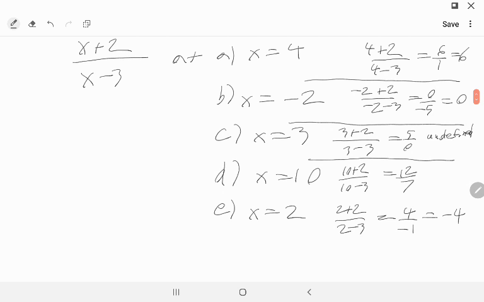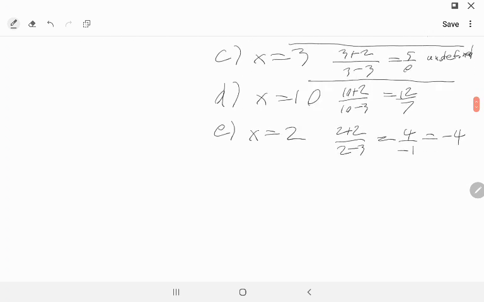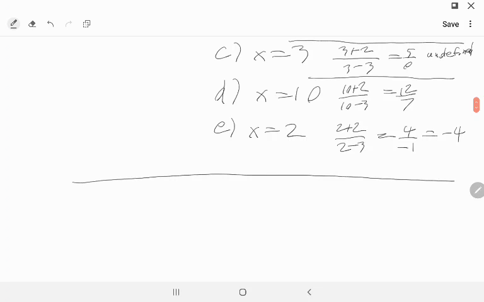So remember we mentioned that we can't let the denominator be 0. So we have what we call restricted values.